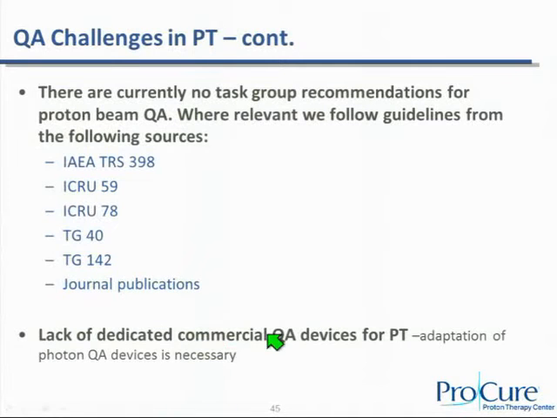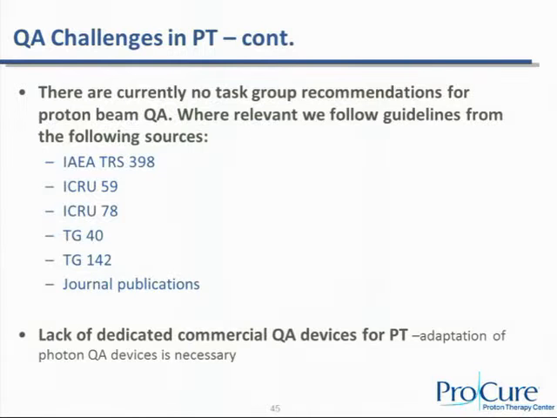Another challenge we have as proton physicists is that we don't have dedicated commercial QA devices. The only dedicated QA device you saw that is built just for protons is the Zebra MLIC. There are in-house developed ones at certain research institutions that developed their own MLIC, but they're not as robust.